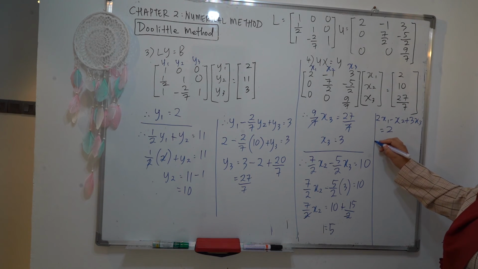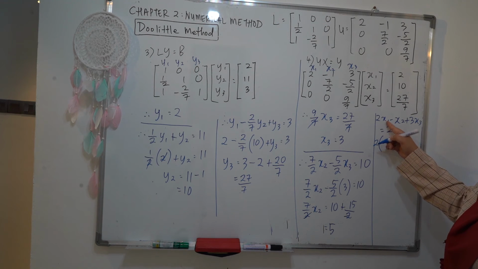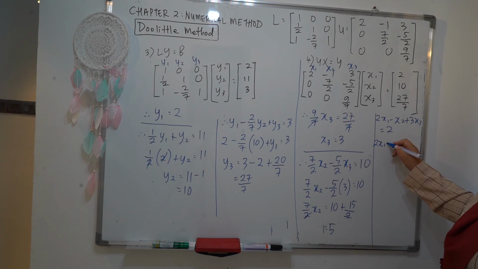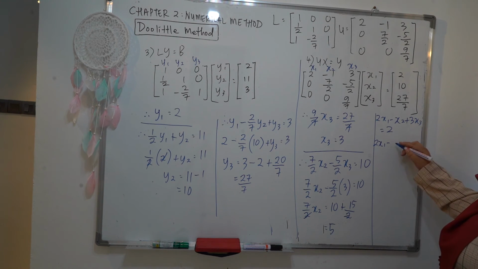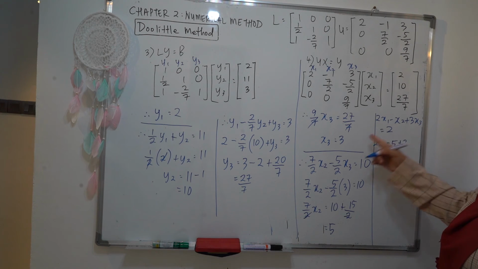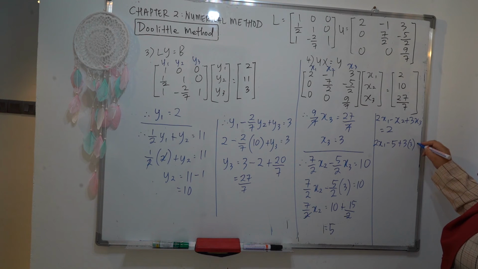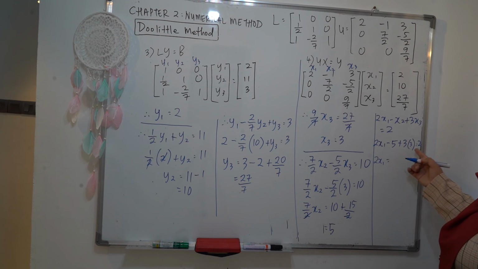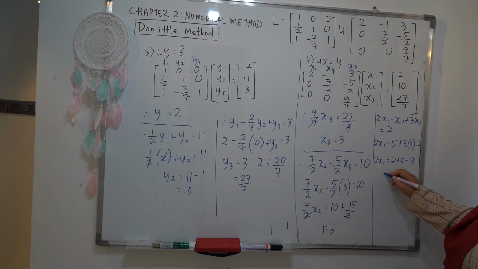So 2x1, x1 we don't have yet, so I just put x1 minus x2. So x2 is 5, plus 3x3. Our x3 is 3, equal to 2. So over here 2x1 equals 2 plus 5 minus 9. So what I get here is negative 2. So x1, negative 2 over 2, is negative 1.